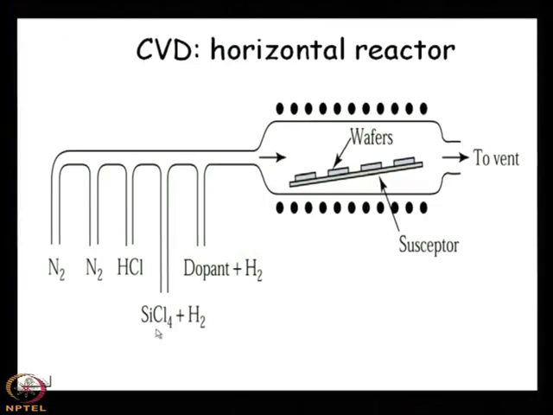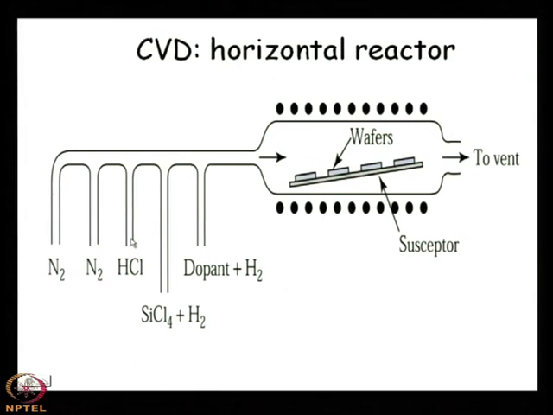Here you see that silicon tetrachloride is sent to the horizontal reactor by the application of hydrogen, that means hydrogen as a carrier gas, right. Sometimes we have seen that in some cases HCl is required.